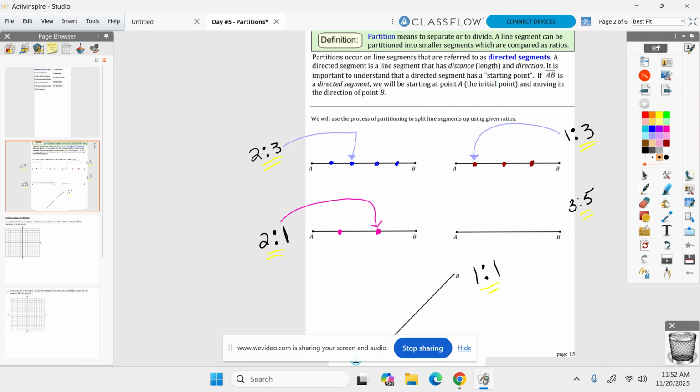Do your best to make them 8 congruent parts. And then where's that point? 3 to the left, 5 to the right.